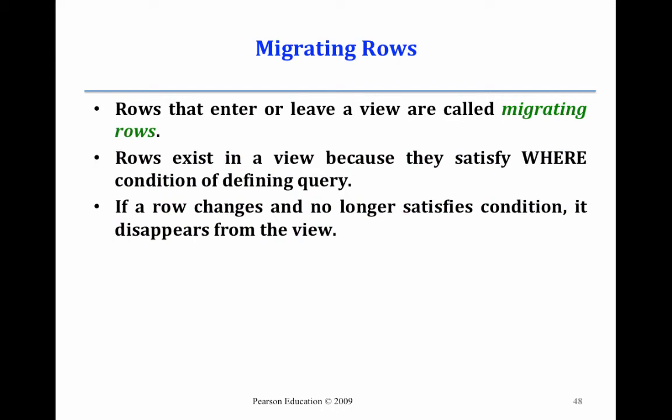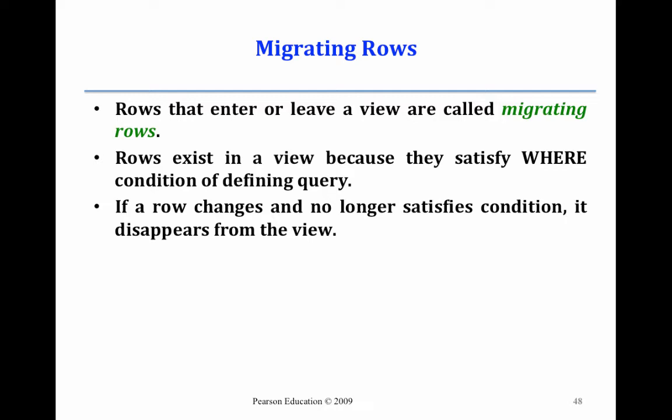Okay. So another term that comes up is migrating rows, which is rows that come into or exit from a view because they either now satisfy the where query or they no longer do.